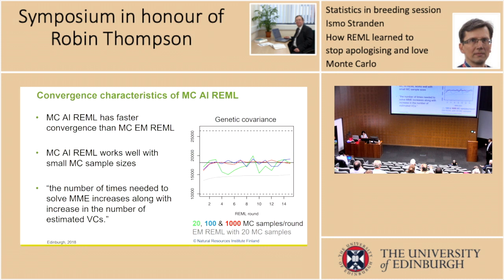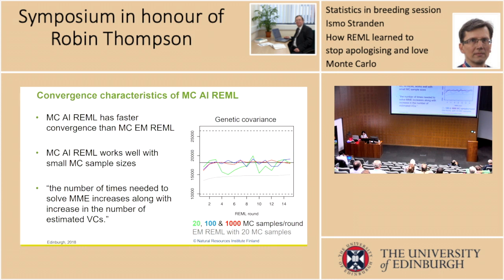But of course there is this additional penalty of having to solve mixed model equations more times, due to the AI REML algorithm. So this gives a very good understanding that the Monte Carlo seems to be working quite well, even with the AI REML.